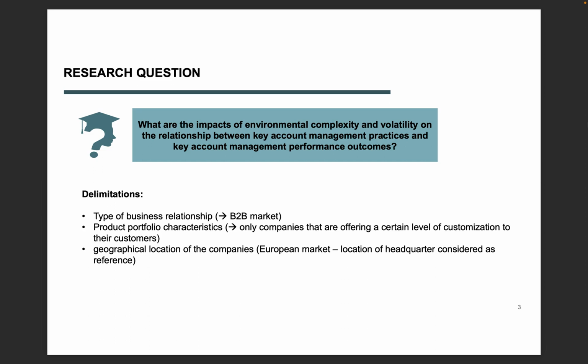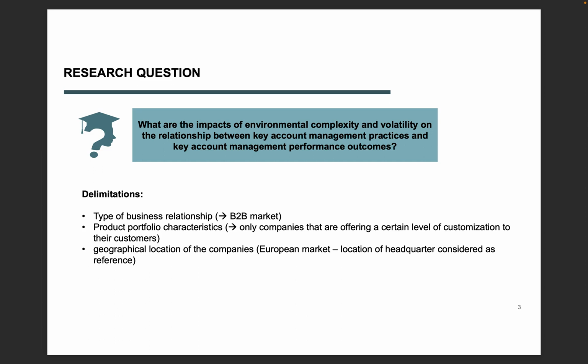So on the one hand, I make the delimitation on the respective type of business relationship. So I will only focus on the business to business, so-called B2B market. The second delimitation is in regards to the product portfolio characteristics. So what does it mean?